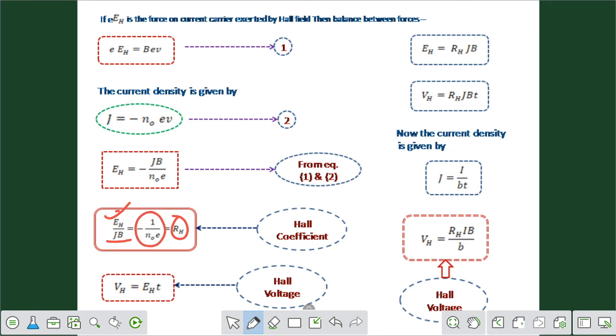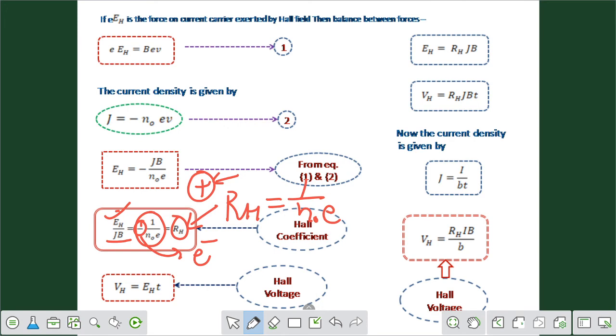If we take the holes as the charge carrier, as in the previous experiment diagram which I explained to you, then the Hall coefficient formula will be RH is equal to 1 upon simply N naught E. Here I am taking the negative sign for the electrons, because here I am taking the charge carrier as the electron, and electron has the negative charge.